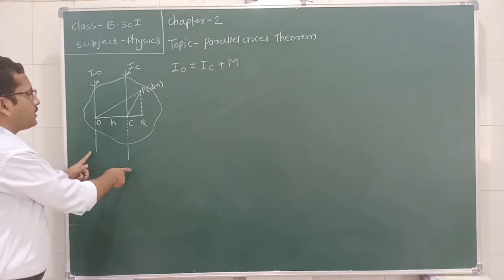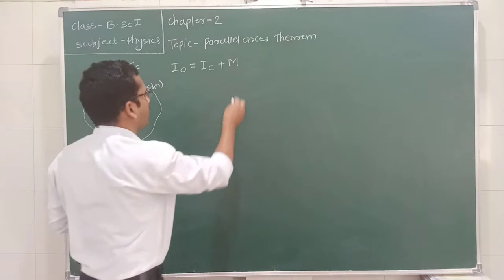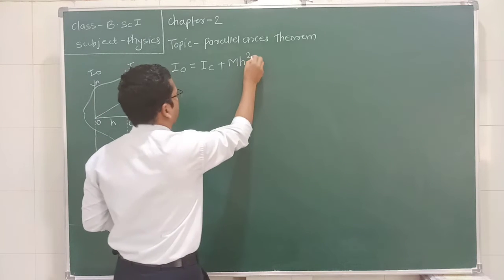Between these two parallel axes the distance is h. So we can write h square.